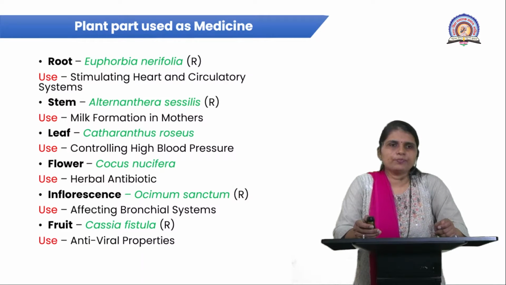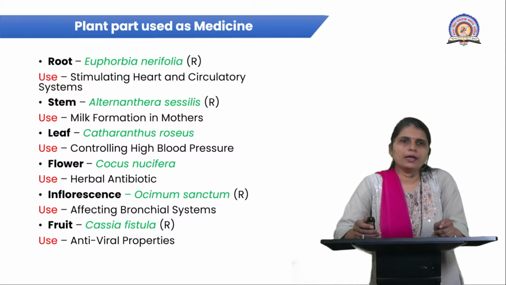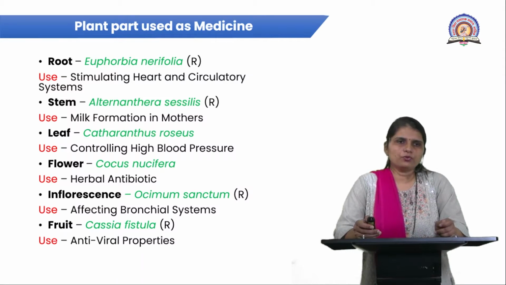Okay, first, root. The root of Euphorbia nerifolia is used for stimulating the heart and circulatory system. Then next is the stem. The stem of Alternanthera sessilis is used for making medicine for milk formation in mothers.